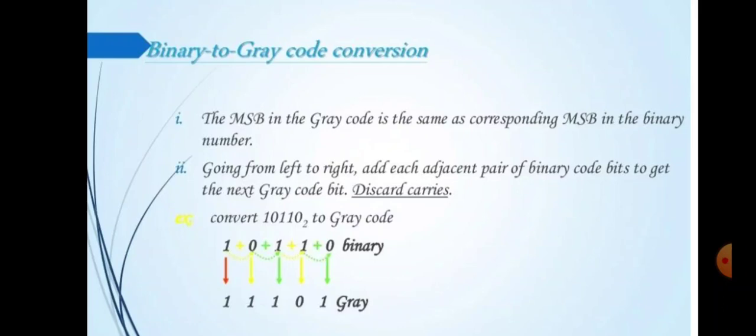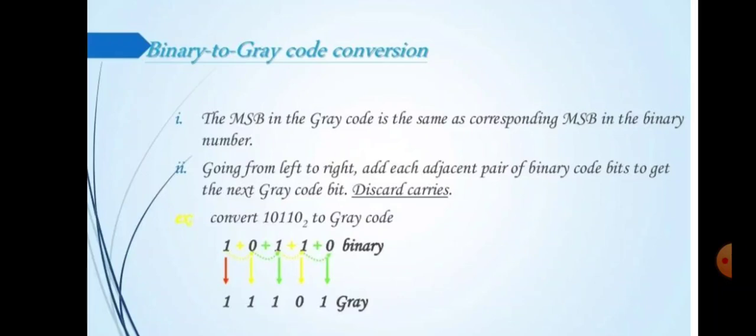Now going from left to right, add each adjacent pair of binary code bits to get the next gray code bit and discard the carries. Here we have given one example to convert 10110 to a gray code. So first take the number 10110.